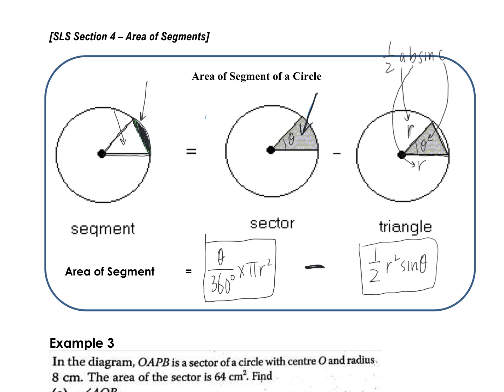To find the major segment is 360 minus theta over 360. Correct. So, okay, what if I want the major segment? This one. What if I want to find this? Then what do you think I need to do?